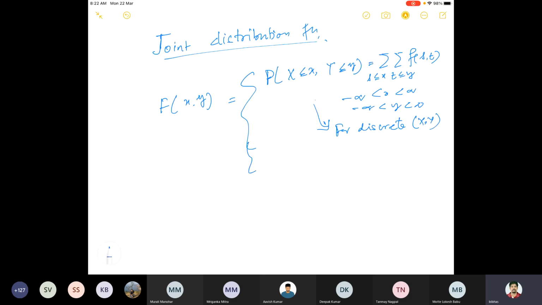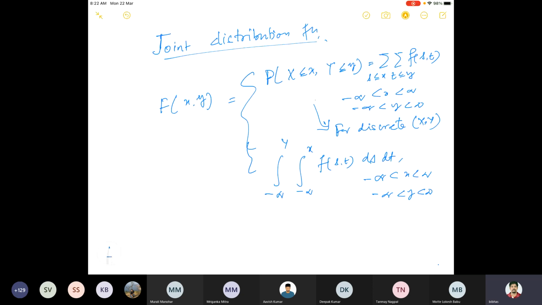And if it is continuous, it is the same thing, but instead of the summation it is replaced by integration, from minus infinity to x and minus infinity to y of f of st ds dt, and x and y could be anything. This is called the joint distribution function.